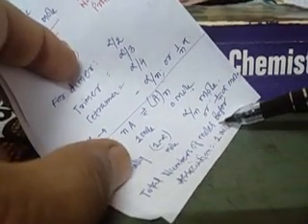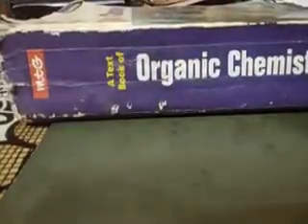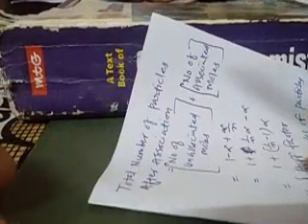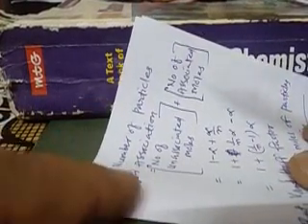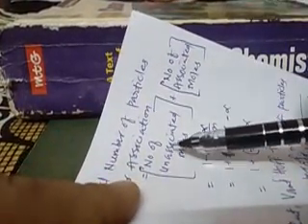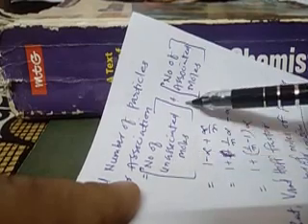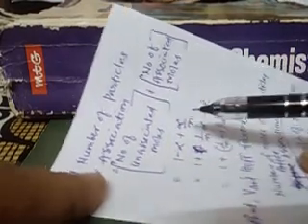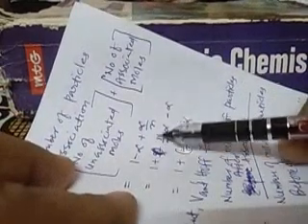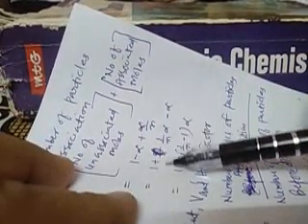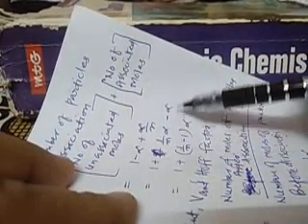Total number of moles before association was 1 mole of the substance, and the total number of particles after association is equal to the number of unassociated moles plus the number of associated moles, that is 1 minus alpha plus alpha by n, that is 1 plus (1 by n) alpha minus alpha.